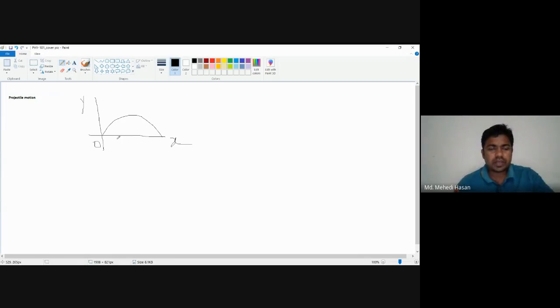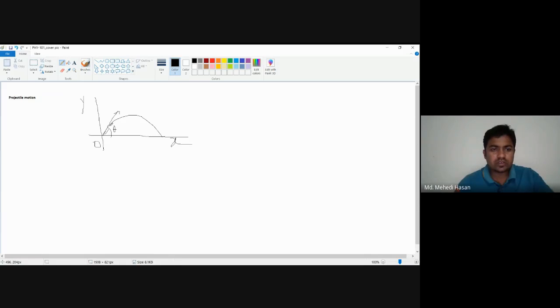In projectile motion, we have to use the two-dimensional case, because we throw an object in an upward direction, making an angle with the horizontal plane. This is the projection. If theta is the angle made with the horizontal plane, then this motion of the object is called projectile motion.